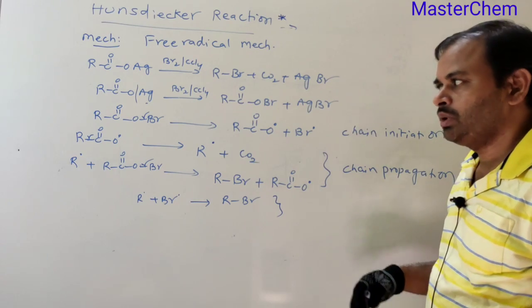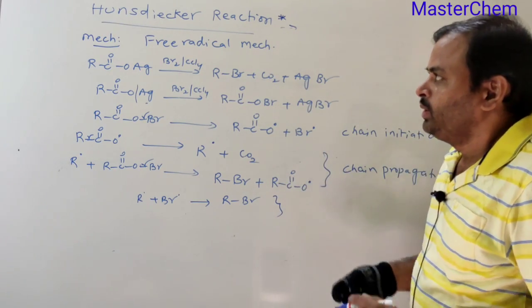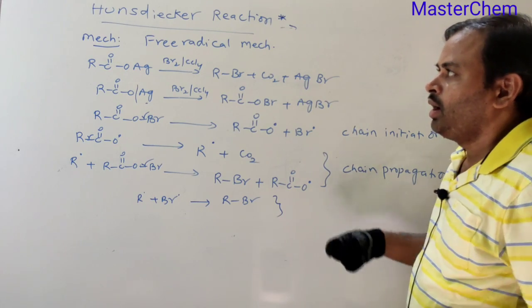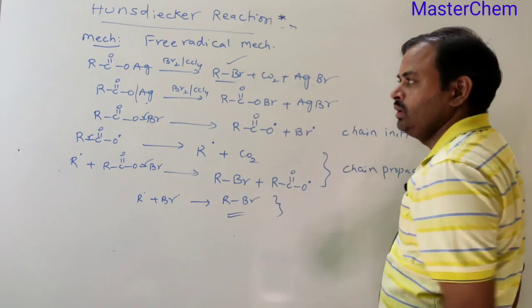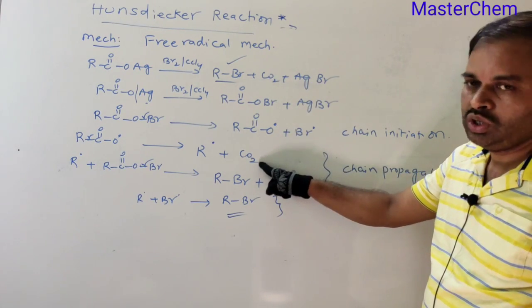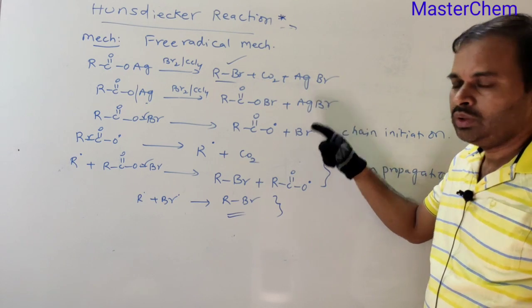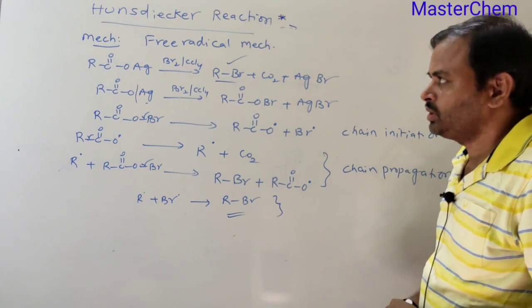Once the chain is terminated, there will be no continuation of the chain. So this is about the Hunsdiecker reaction. The product is produced after chain termination, with decarboxylation, and AgBr is formed. This is the mechanism of the Hunsdiecker reaction.